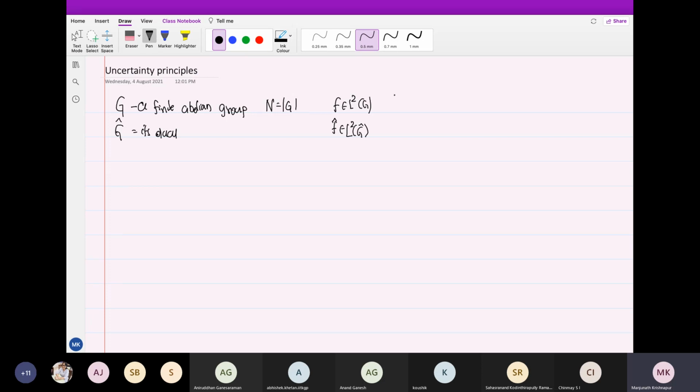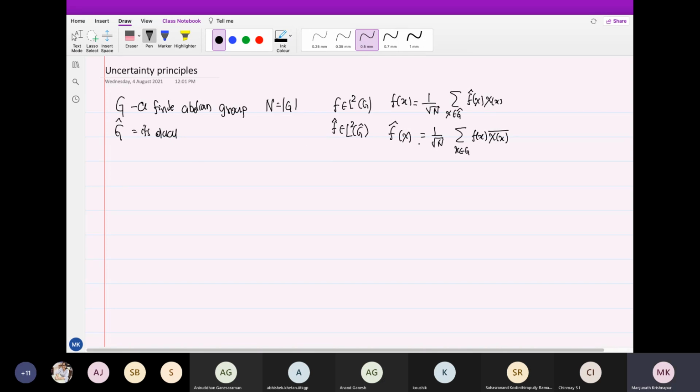Let's just recap the relation. f of x is 1 by root n times the sum over chi in G hat of f hat of chi times chi of x, and f hat of chi is 1 by square root n times the sum over x in the group of f of x times chi of x conjugate. So this is the relationship.